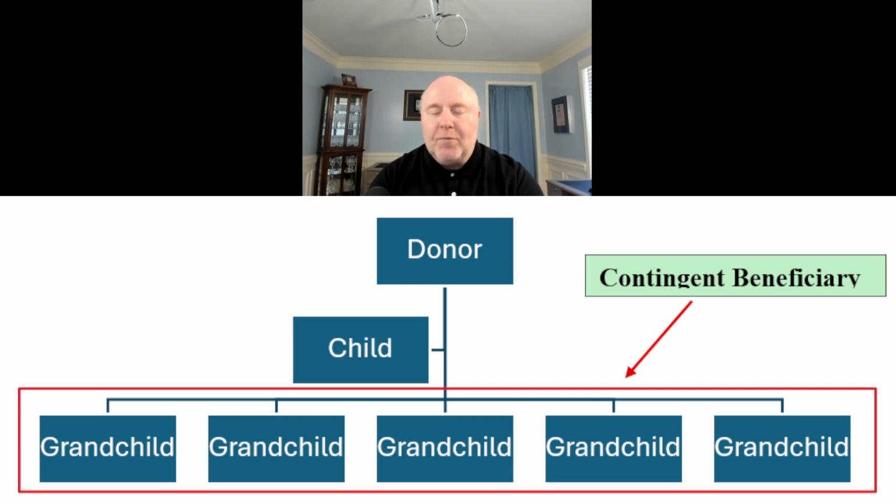So now, assuming this is just a single person making the contribution, they're going to contribute $20,000 to the child, and then we have $20,000 to grandchild 1, 2, 3, 4, 5. So we have a total of 6 beneficiaries. So 6 times 20,000, and now we have 120,000 that we were able to contribute.